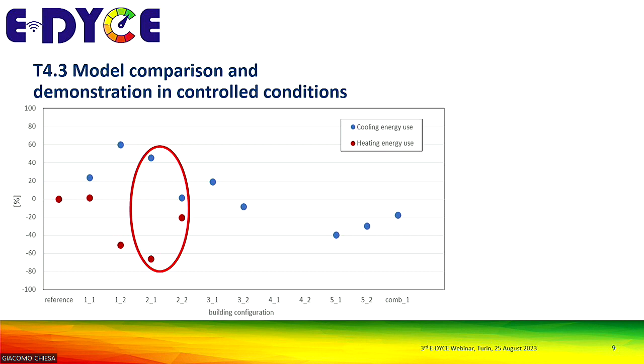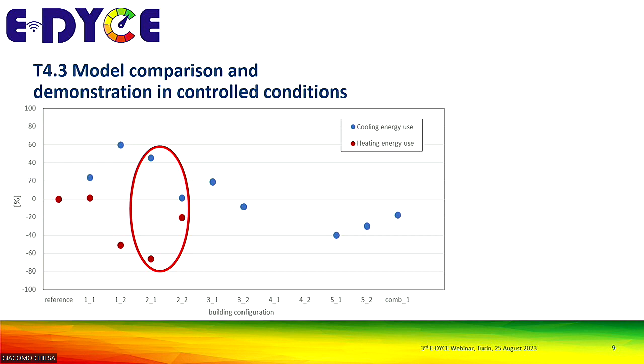If you look, as an example, at class 2, which is the internal gains and occupancy, if we go to the standard, we have very high discrepancies, above 50% both in heating and in cooling. But when we do a relatively simple adjustment, following the indications by the relevant standard, the difference goes to 20% or below.